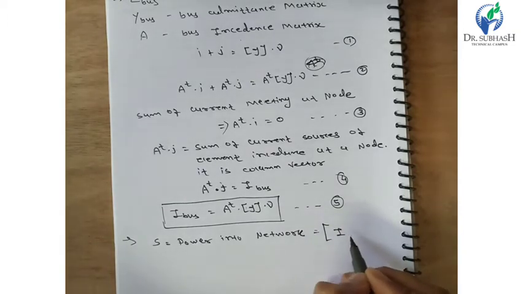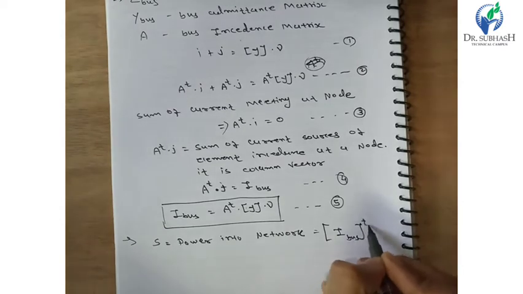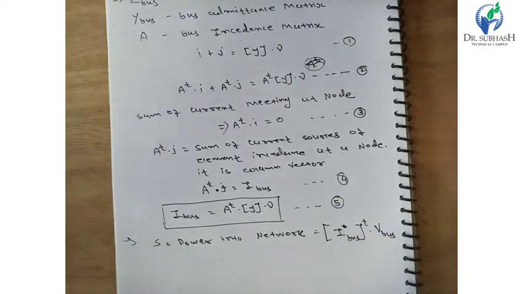So here the current value of bus I star into T into V bus. Here V bus is represented in the star form.